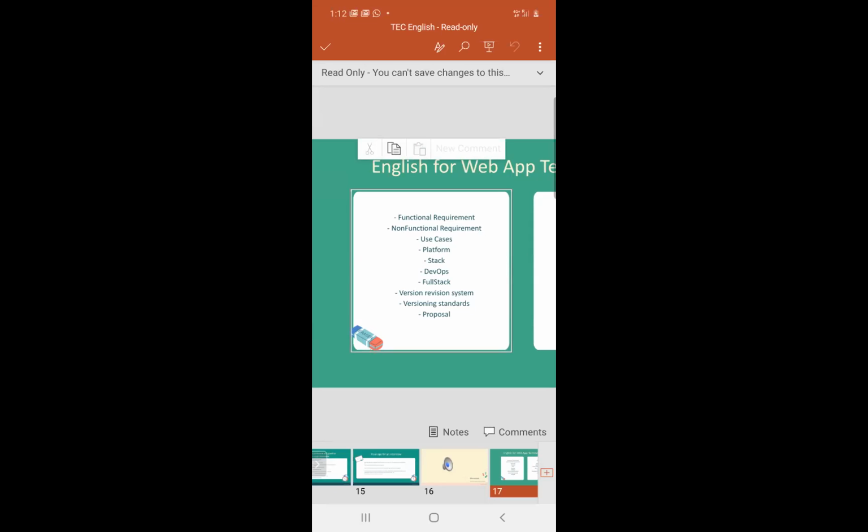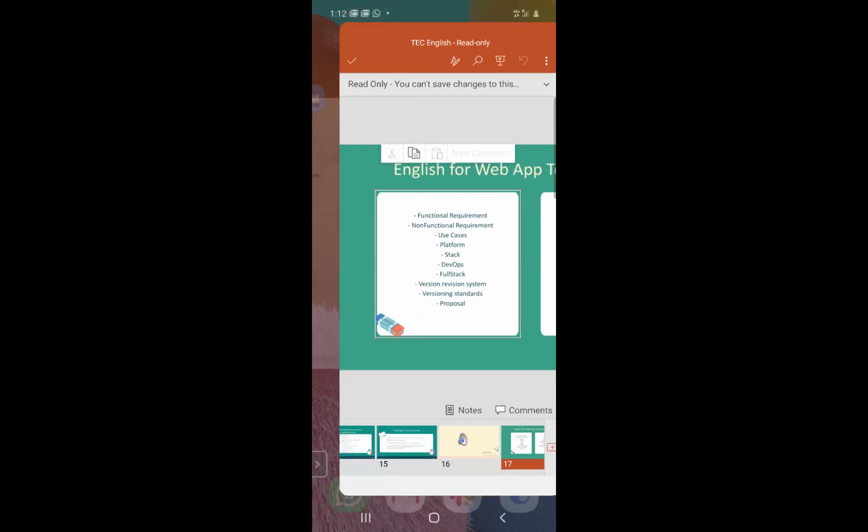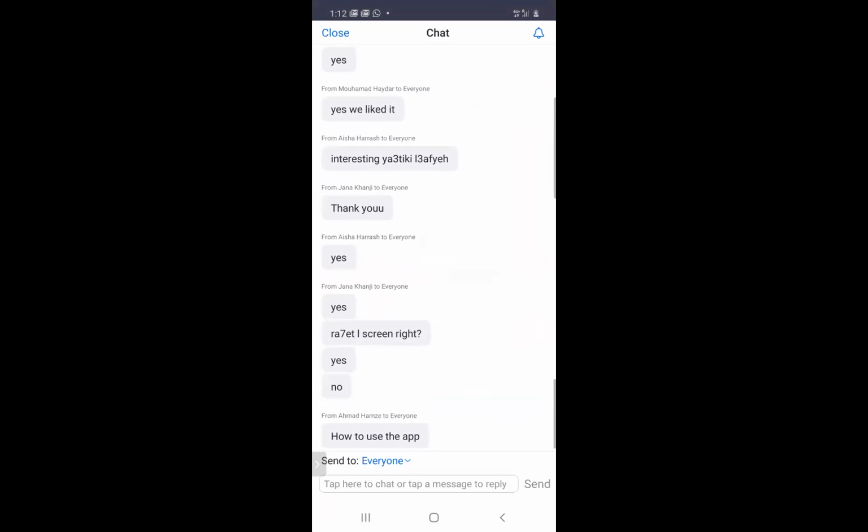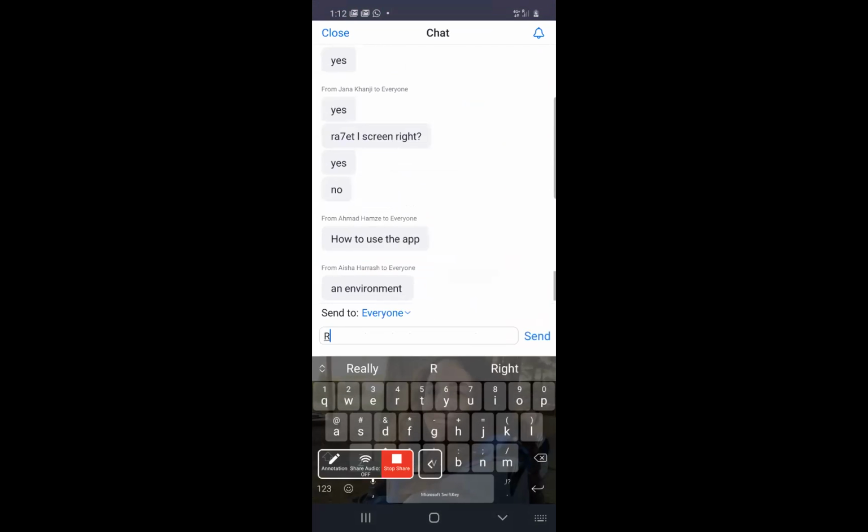Platform. What's a platform? In programming, we say cross platform or platform, what does that mean? Cross platform means it works across different platforms. Right? Okay.